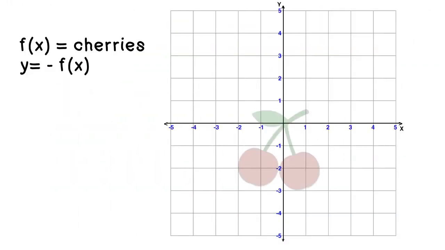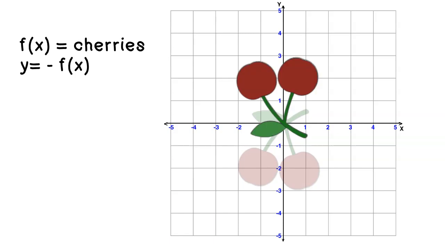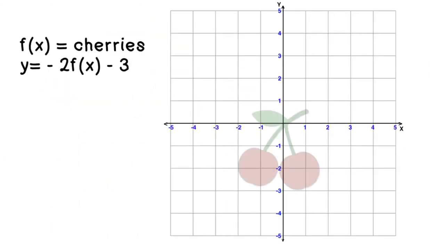I can also multiply by a negative. So if I multiply the function by -1 and I write it as negative f of x, then it flips it vertically. Now we've combined everything. First, we multiplied by 2 and a -1.